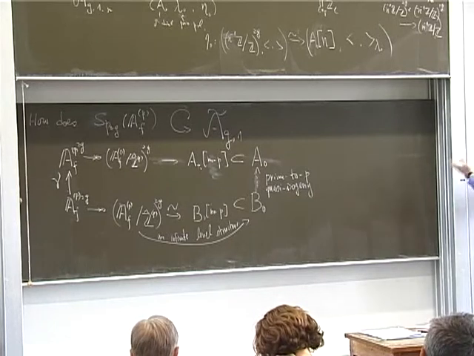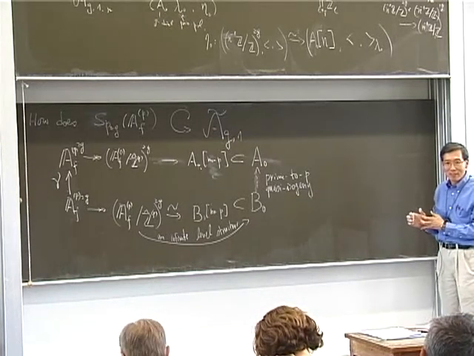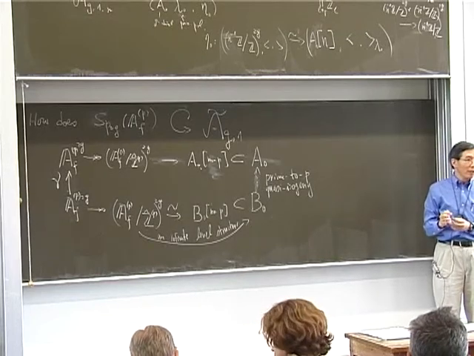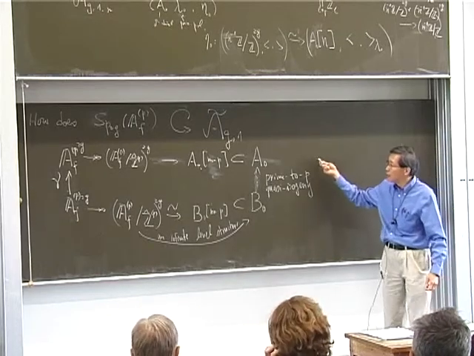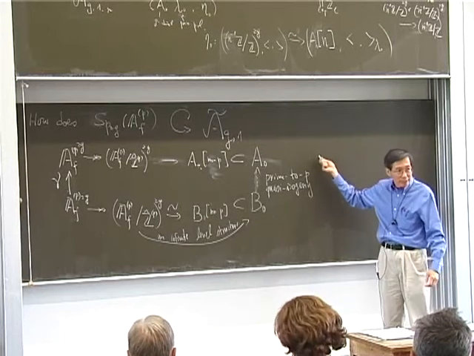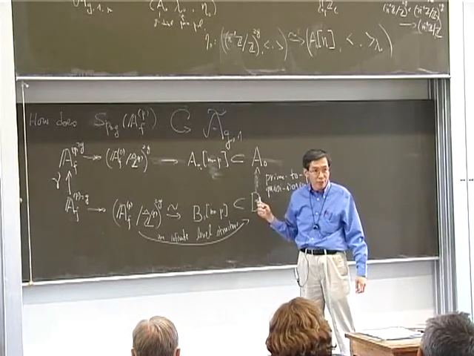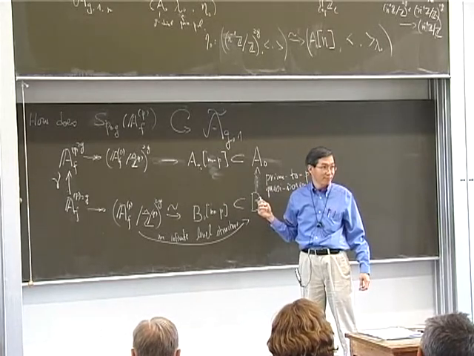Now, why did I do this? There is a reason, and the reason is, I guess you have seen in France's lecture, I think the first lecture, an explicit definition of Hecke orbits. Okay?